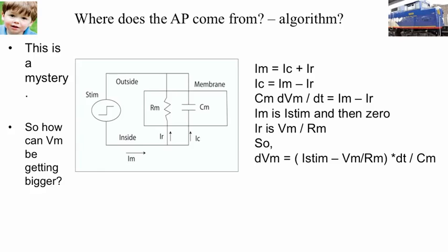First of all, the membrane current is the capacitive current plus the resistive current. That just has to be true. The membrane current has only got two places to go, either the capacitive path or the resistive path. It has to still be the case.